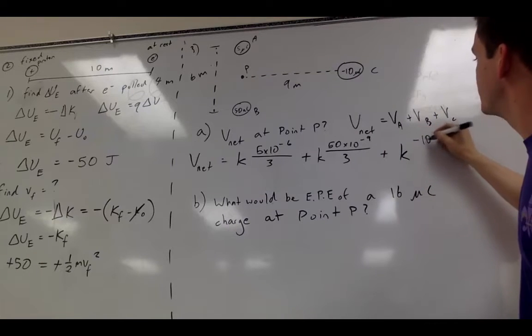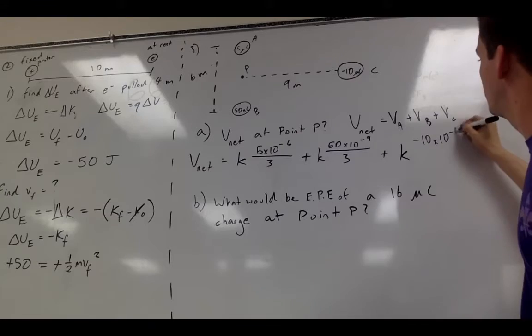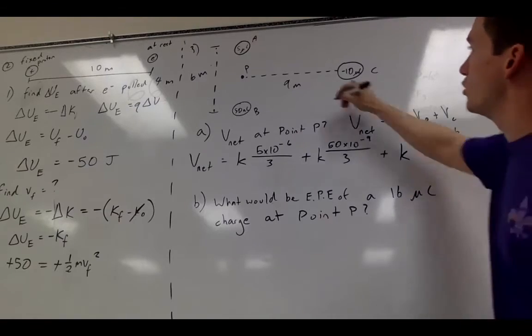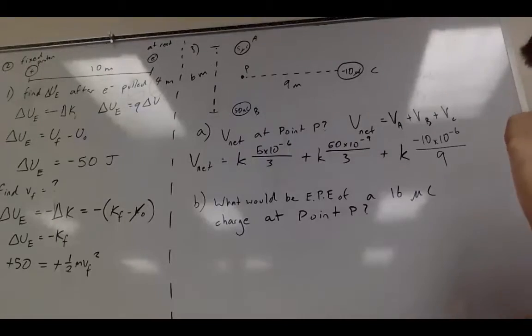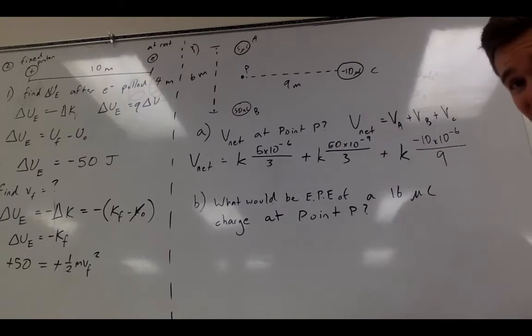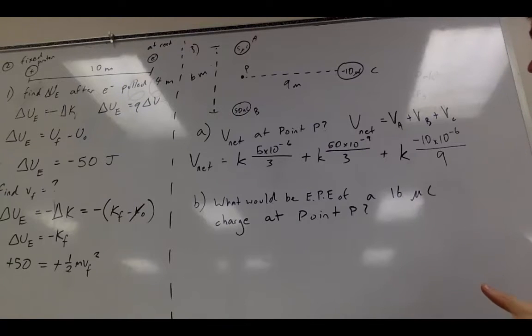So negative 10 times 10 to the -6, all of that over that distance. And again, we are going to get some value there. I'm not actually entirely sure what that value is, and I really don't care that much. All you know is that you're going to get a number. You get some number in volts, and that is your answer.